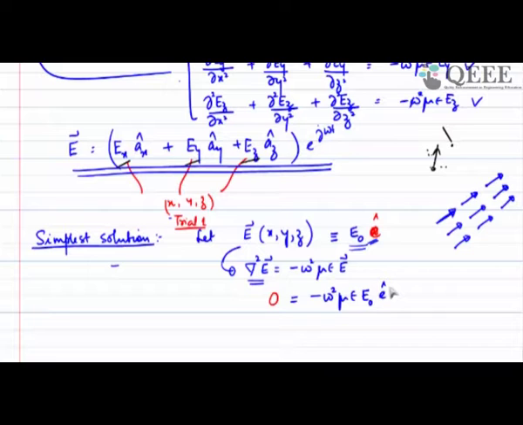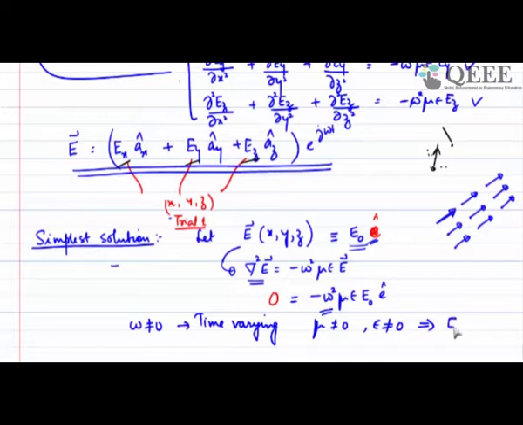What does this mean? Omega square cannot be 0 because I am talking about time varying fields. So omega is not equal to 0 because it is time varying. I have some variation. Mu is not equal to 0, epsilon is not equal to 0, which implies E naught is 0.